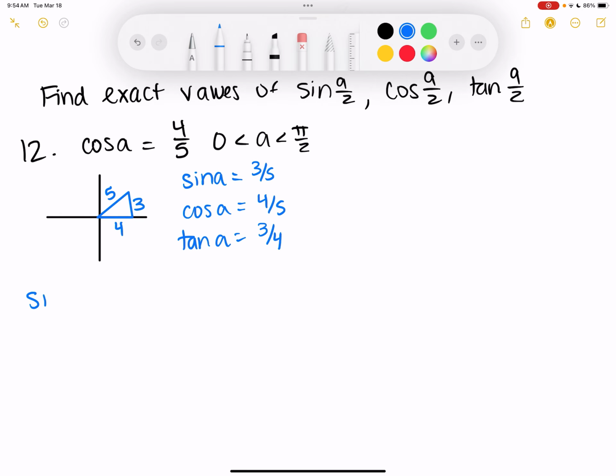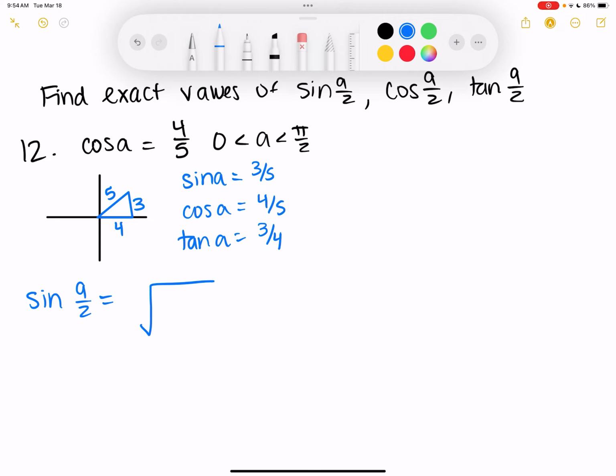So what's the formula for the sine of A over 2? Is this the half angle formulas? Yes. So it'd be plus or minus the root of 1 plus cosine of A. It's not going to be plus or minus, we have to figure out if it's positive or negative.